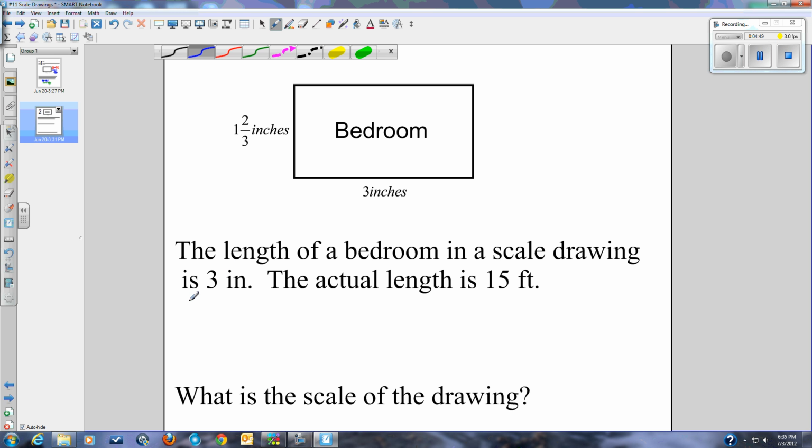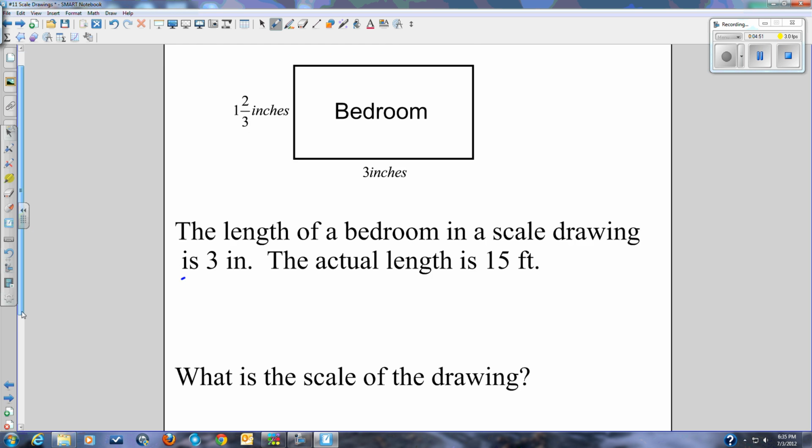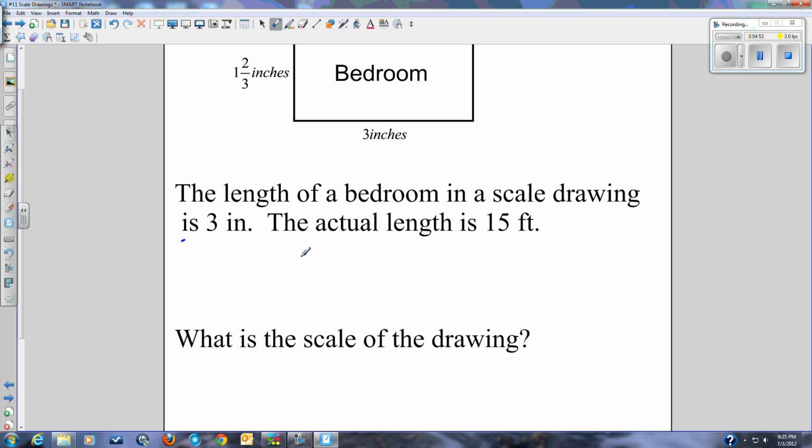We'd like to know what the scale of the drawing is. So we know that 3 inches in the drawing is equal to a length of 15 feet in the actual bedroom. We're not looking for a proportion here. We're just looking to set up this ratio, or rate, in other words. So we're going to say 3 inches to 15 feet.